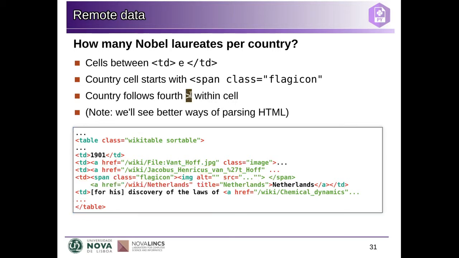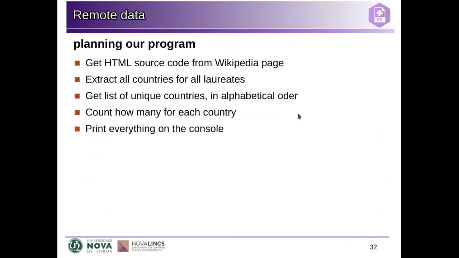And if we count the number of these greater than signs on these several tags, we know that the country comes after the fourth one and ends with a smaller than sign afterwards. So if we can extract this part, we just need to split using these characters and then split again there and retrieve what's between. Okay, so this is just a simple way of parsing HTML because we only want the names of the countries and we don't need to use other libraries for this.